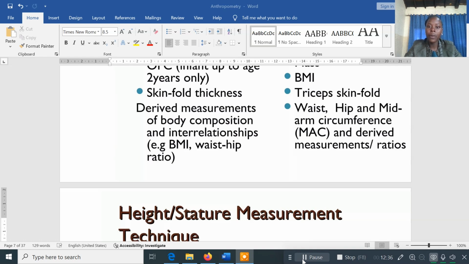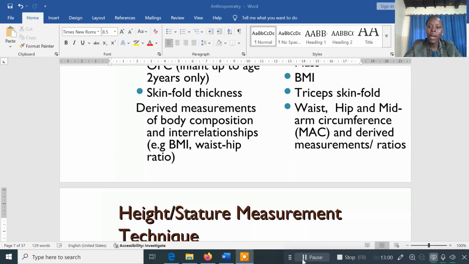So these ones are derived from the other basic ones that we shall be seeing. For example, the waist hip ratio is gotten by getting the waist measurement, and then we divide it by the hip circumference. So we get that ratio, which we call the waist hip ratio.